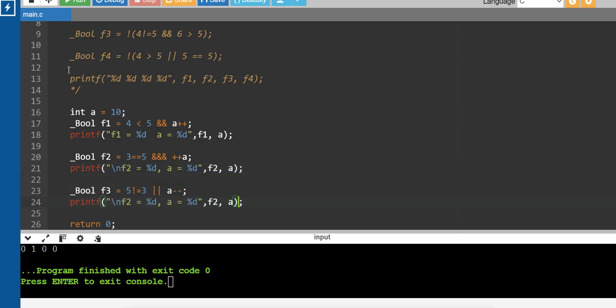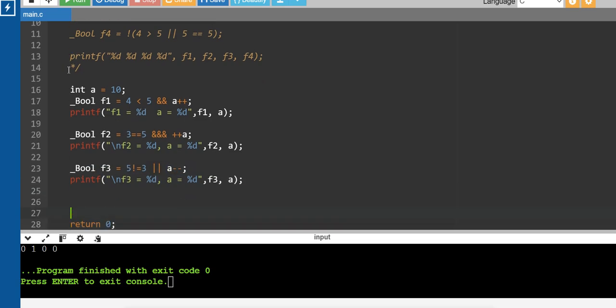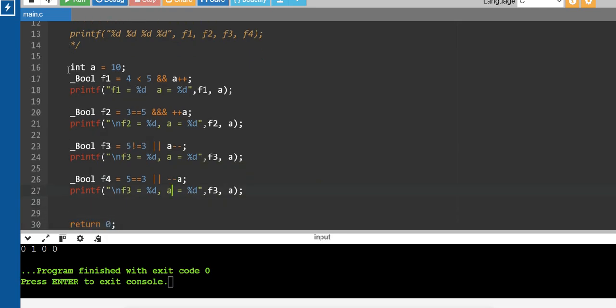So now f3 and f3, again last one. Okay, now it is f4. Suppose now I'm going to write equal to, so it will be false, it will come on this side, and I'm using now pre, and now it will be our f4.